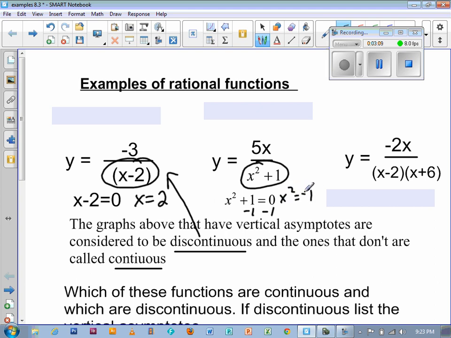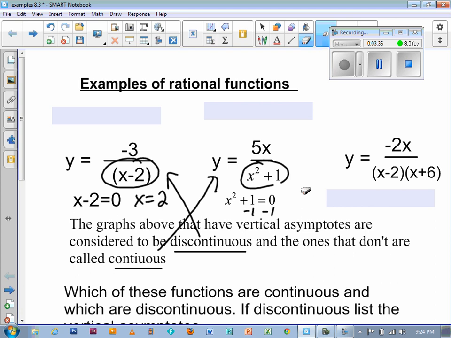Then if we square root both sides, we get no real solutions. Since there are no real solutions in this particular problem, there are no asymptotes, so it's said to be continuous. There isn't anything that you can plug in for x that will turn the denominator into a 0. It is considered to be continuous.